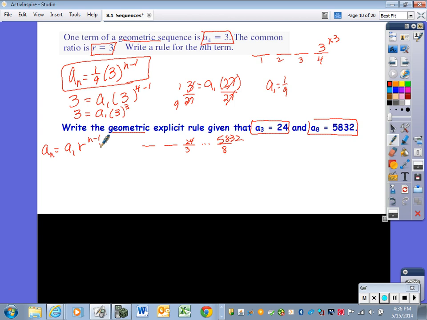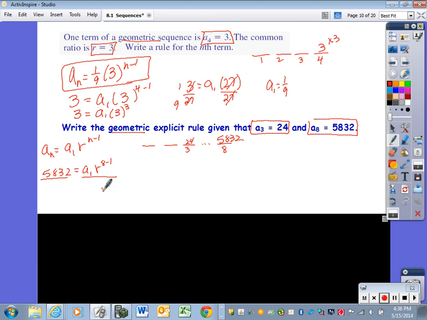A1 times R to the n minus 1. I'm going to start with a bigger number. So 5832 equals first term, I don't have it, times the ratio, I don't have it, to the n, 8 minus 1.